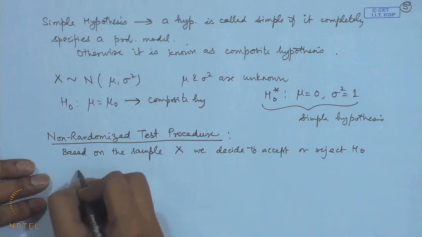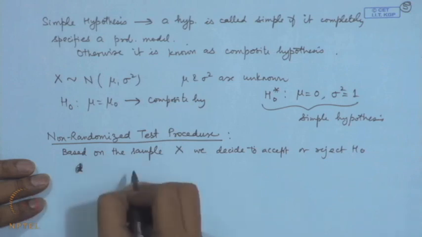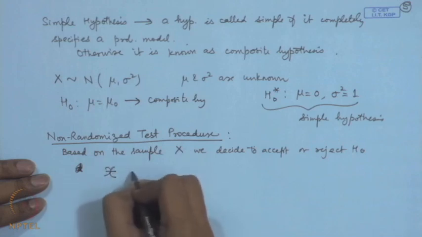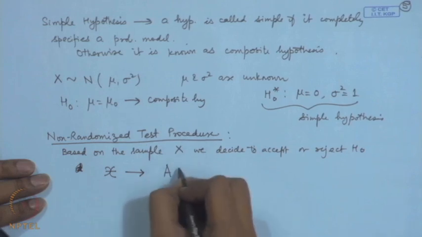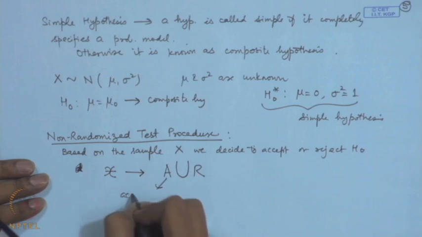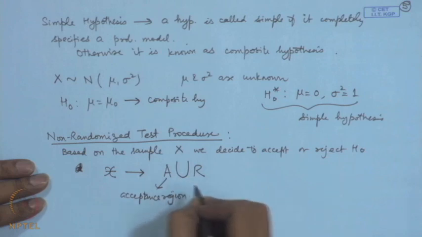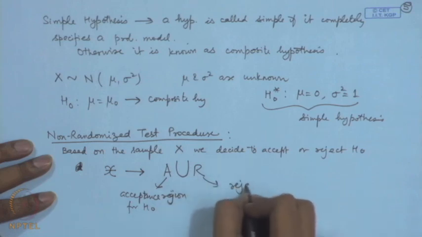For example, you may assign a function, say d(x). Basically, if we have the sample space X, it is subdivided into two regions. One is called the acceptance region and another is called the rejection region. This is the acceptance region, in respect of the hypothesis H naught, and this is called the rejection region.